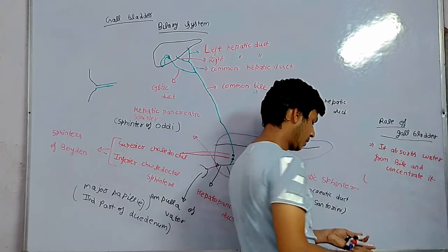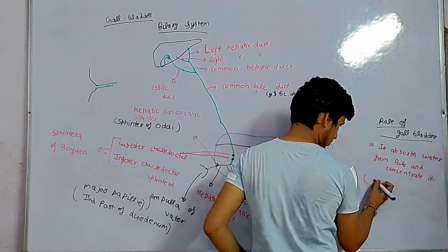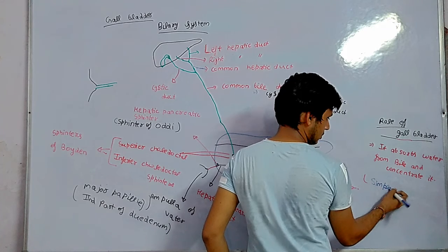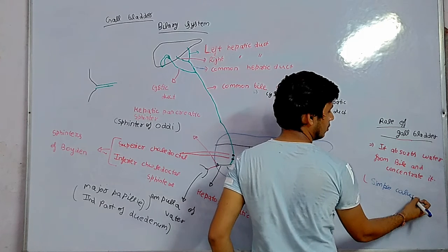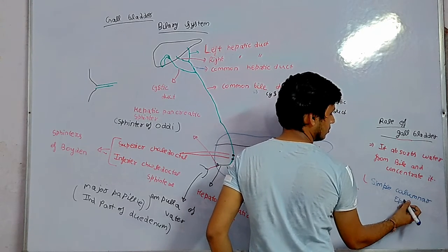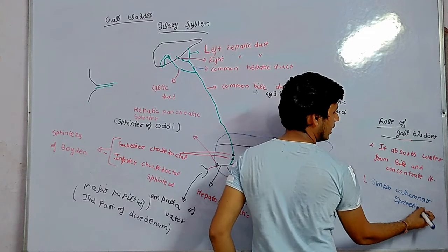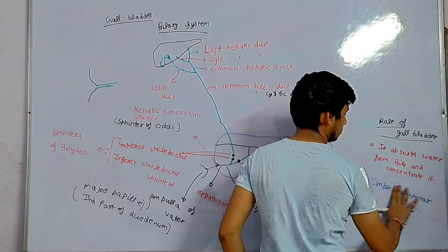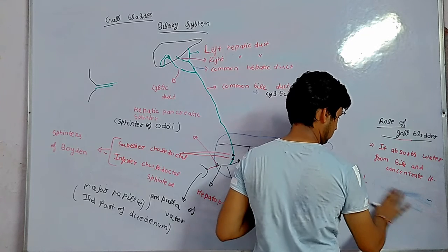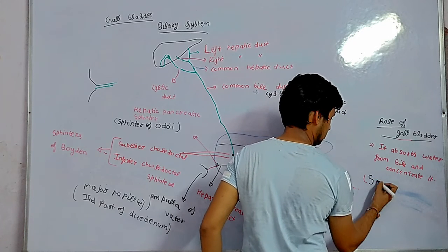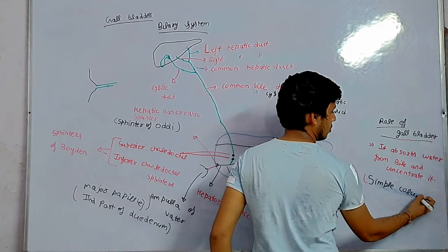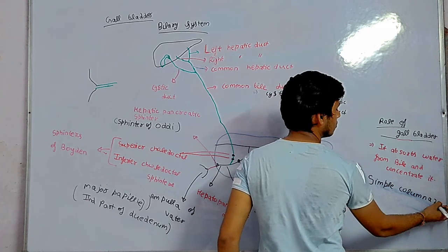So we have simple columnar epithelium present in the gallbladder.